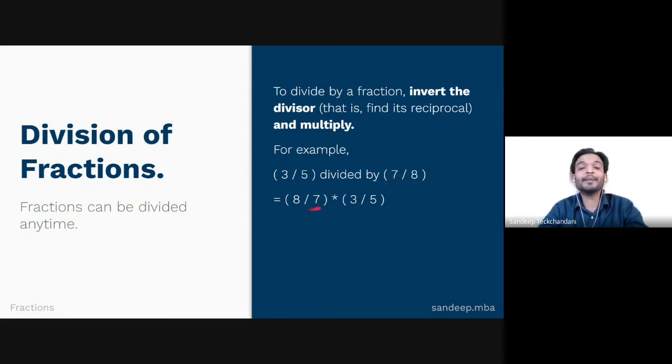Make it 8 upon 7 and then multiply it by 3 upon 5. In the next step, I'll go ahead and multiply the two numerators and then multiply the two denominators, which are 7 and 5 respectively. So 8 times 3 is 24 upon 7 times 5 is 35. So the answer is equal to 24 upon 35.